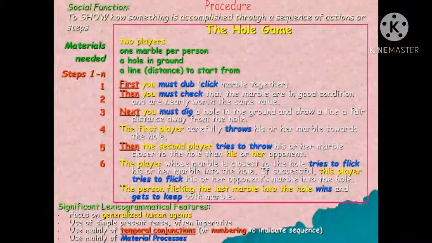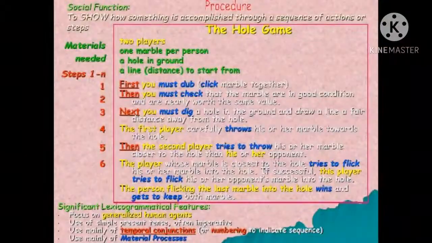So for the yellow, it must be generalized human agent. For example, the whole games for the title, two players, you, the first player must be generalized human agent. And for the orange, it must be temporal conjunction, like first, then, next, numbering 1, 2, 3.